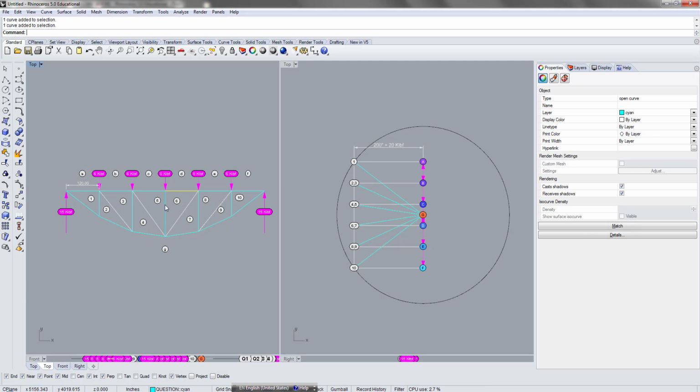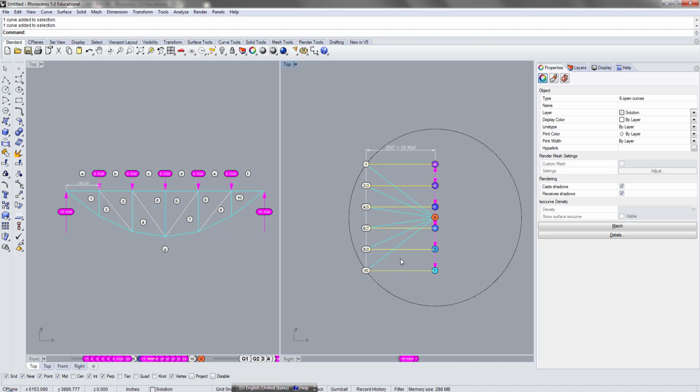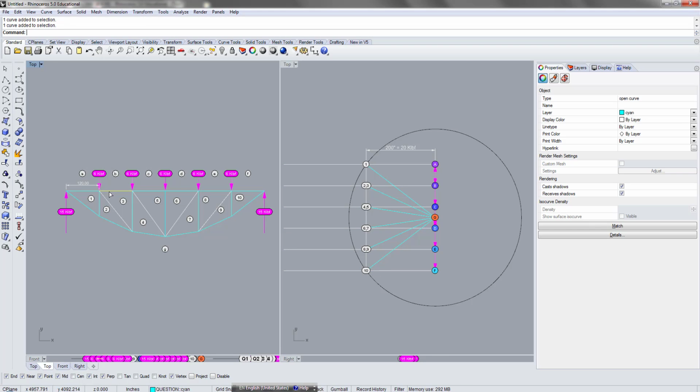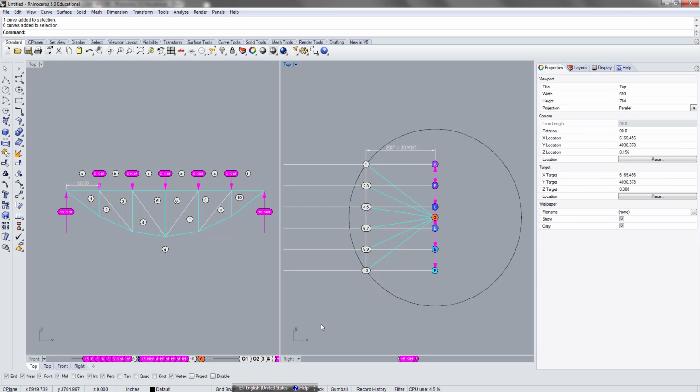So A1, B3, C5, D6, E8, F10, all of these lines need to remain horizontal. The forces in these horizontal members might change, so I'm going to extend them so that the length is undefined, because it's most likely going to change.